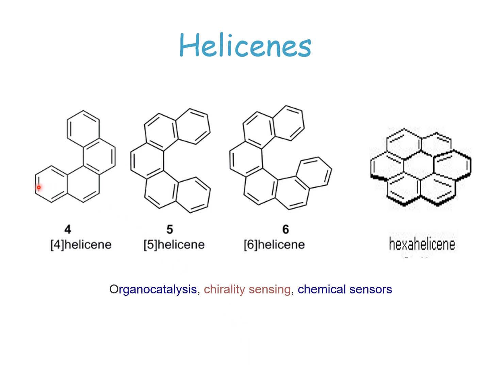So depending upon how many rings are joined ortho to each other, they are termed as, if 4 rings then tetrahelicene, if 5 rings then pentahelicene, 6 rings hexahelicene, but remember, they are not joined.